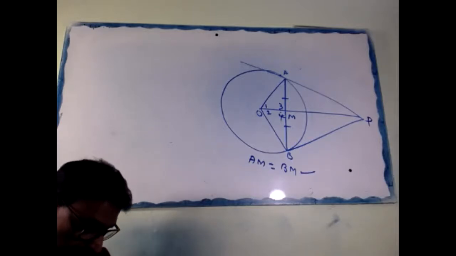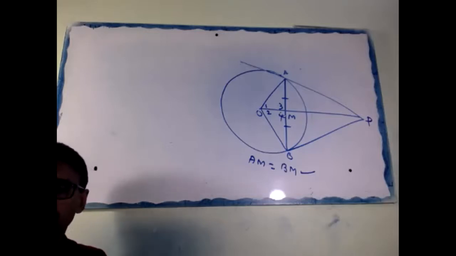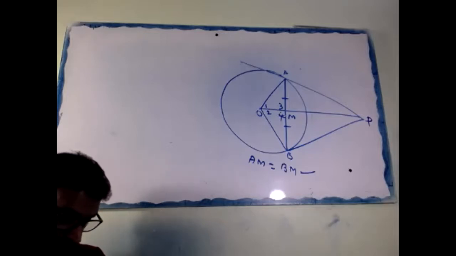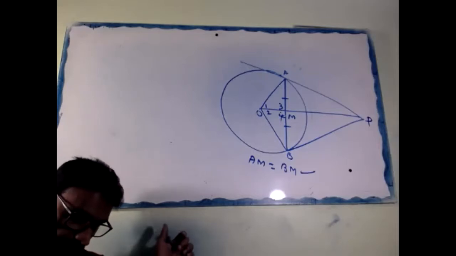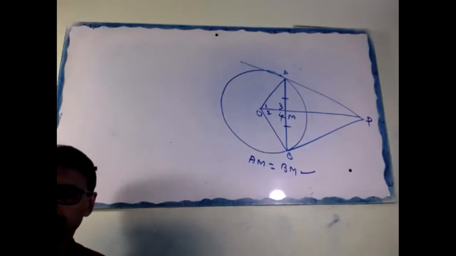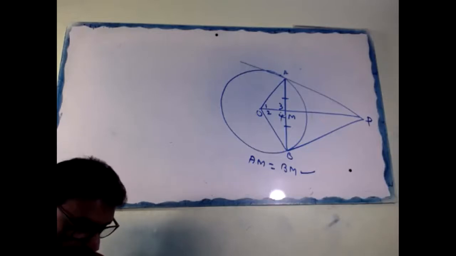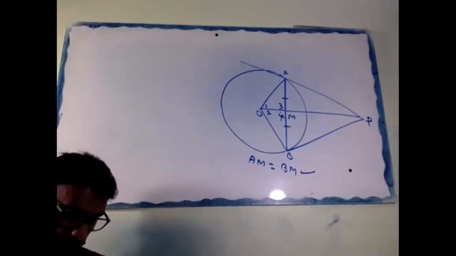Okay. ABC is a right angle triangle, right angle at A. A circle is inscribed in it.